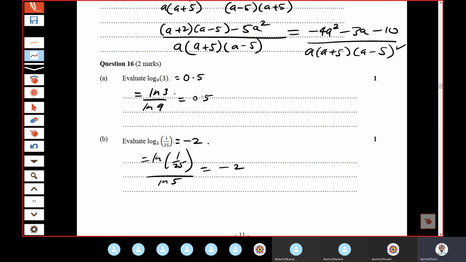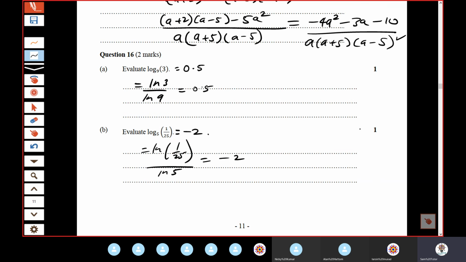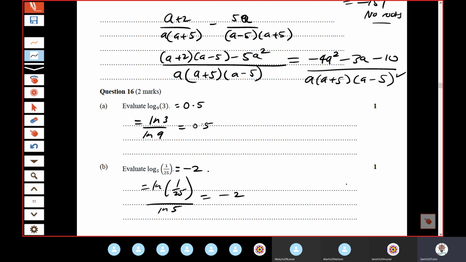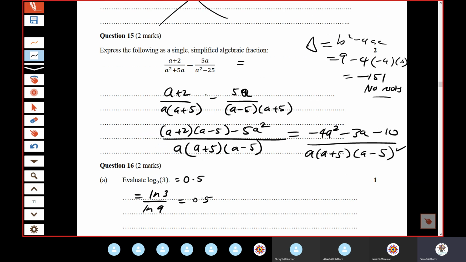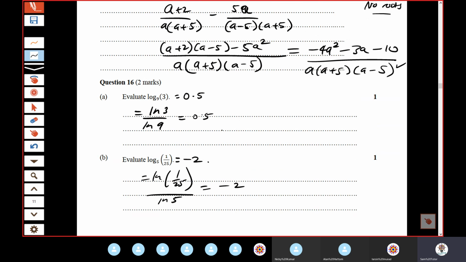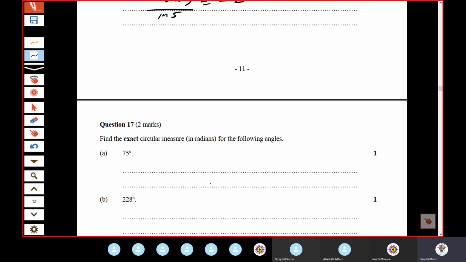So a nice and simple formula for 2 marks. There's really nothing to do there. I mean, you can compare it like this. Look at these 2 marks compared to these 2 marks. Even though these are easy, of course, these are really straightforward. So you cannot lose these 2 marks. Okay.